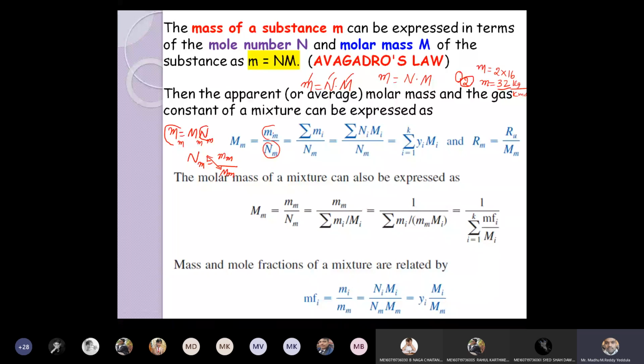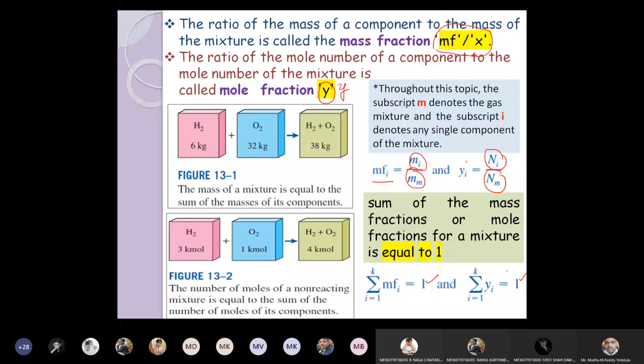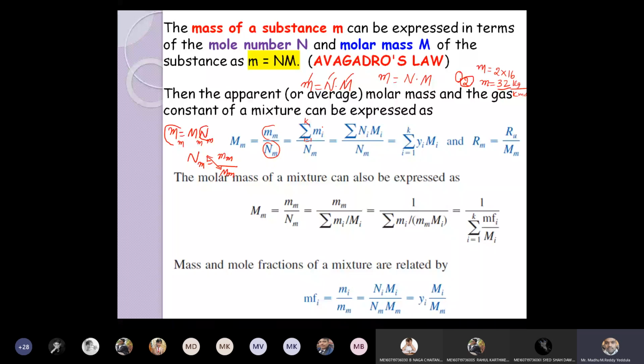As we know, the mass of the mixture is nothing but the sum of m i, with i equal to 1 to k. Let us say there are k components. In summation form, I can write the mass of the mixture as the sum of the masses of individual components. Now mi can be written as Ni into Mi.